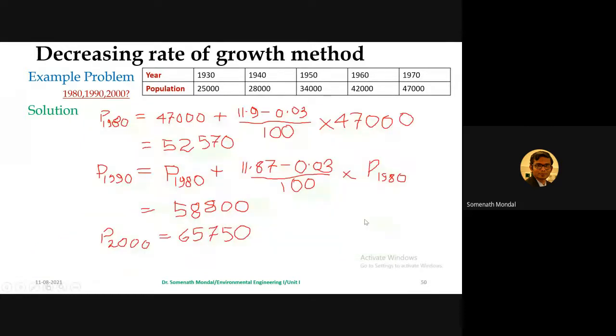So if we have to calculate P1980, P1990 and P2000, we can obtain them through the formula which I discussed before. Hope all of you have understood.